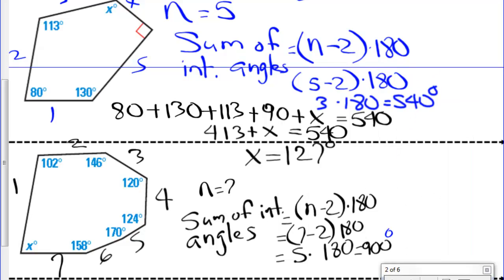Okay, so if the sum of the interior angles is 900 degrees, then I want to take all 7 of these interior angles, add them up, and set them equal to 900. So for space's sake, let me tell you that I've added the numbers up, and the answer I came up with is not stated on my paper. So we need to add the numbers up. Okay, so use your calculators.